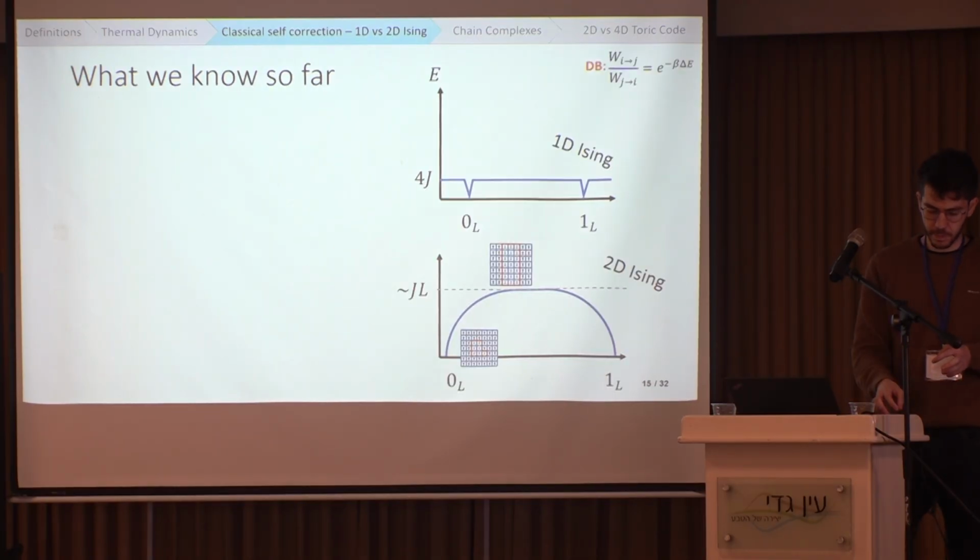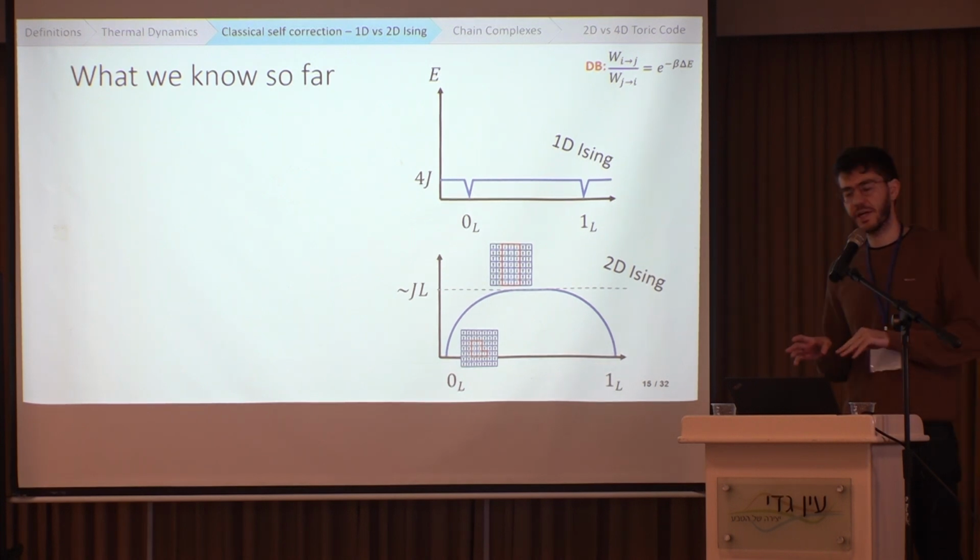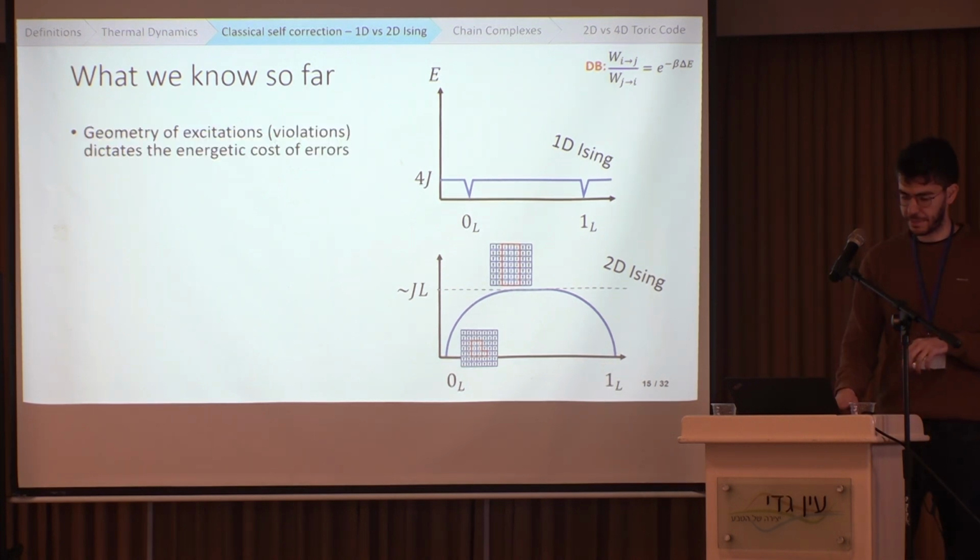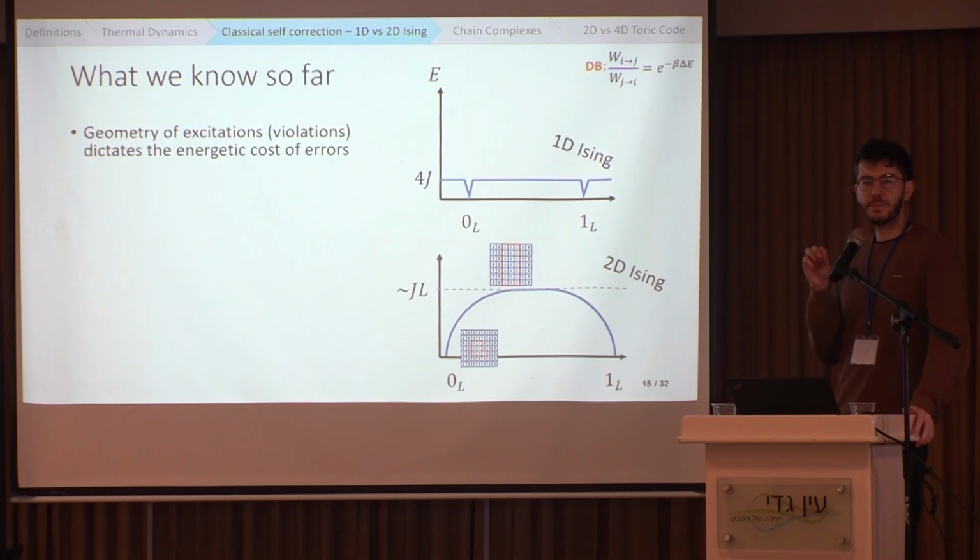So what we know so far from the example we saw on the Ising model is that the geometry of excitation, or the violations, whether we have point-like violations or we have loops, dictates the energetic cost of error, whether it grows with the error or is fixed.